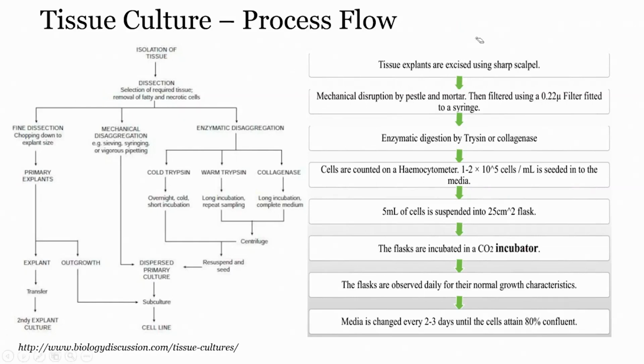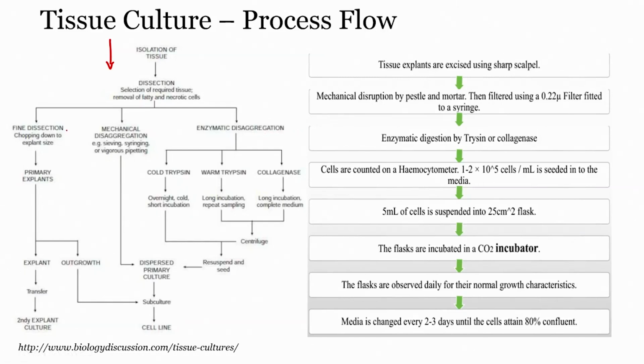Now, if you go further in detail, then this is how it occurs, which is in your left side, that you have the isolation of tissue, then there is a dissection, selection of required tissue, removal of fatty and necrotic cells, and then it goes for fine dissection, can go for mechanical disaggregation or can go for enzymatic disaggregation, right.